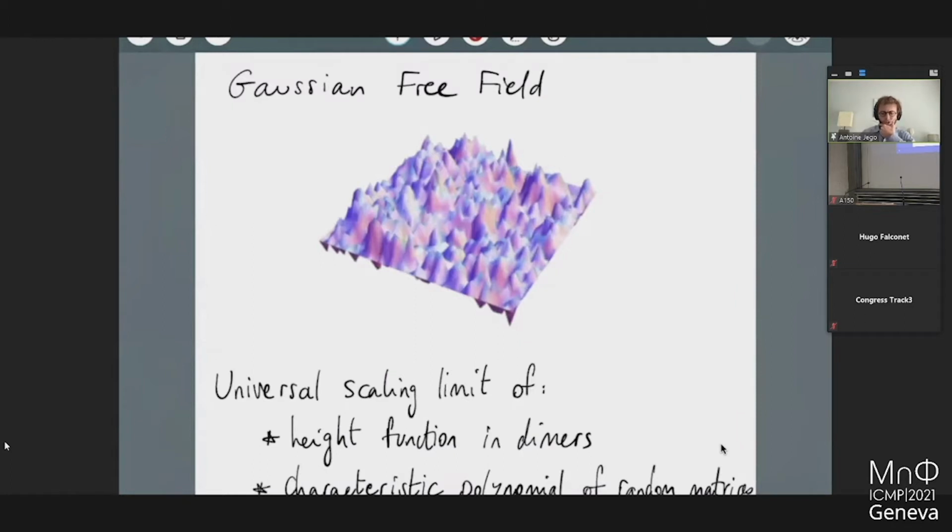So here is the simulation of the GFF. We can think of the GFF as a random height function, and it appears in many different contexts. It is the universal scaling limit, for instance, of the height function in dimers, and also of the characteristic polynomial of large random matrices.